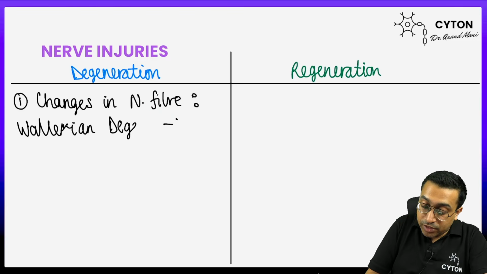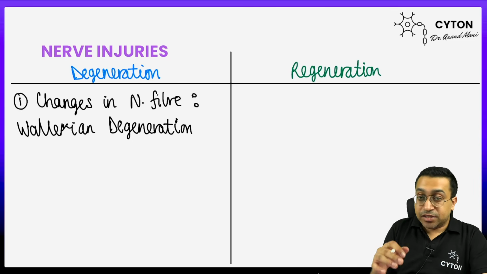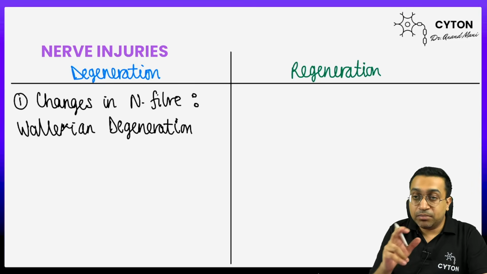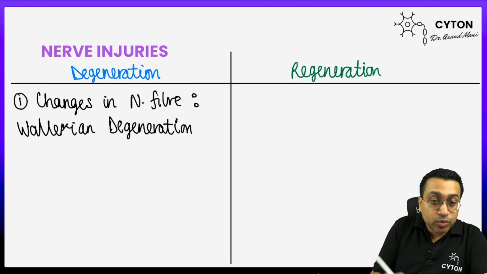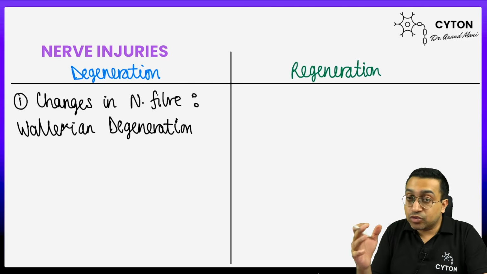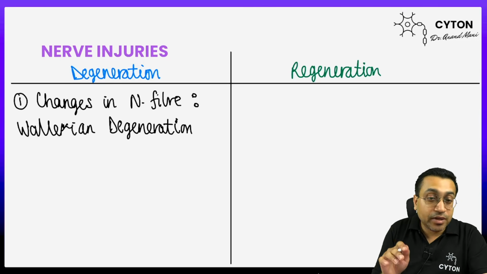Wallerian degeneration is a change in the distal segment. It includes the disintegration of the myelin and degeneration of the nerve fibers. Then number 2 is degeneration of the proximal segment, which would be up to the nearest node of Ranvier. So just remember Wallerian degeneration, that is the main keyword.